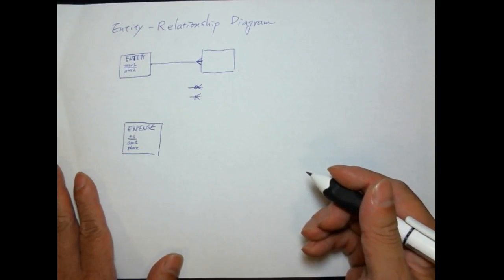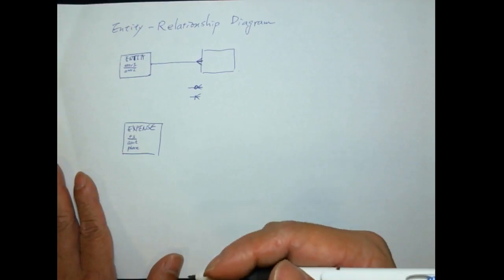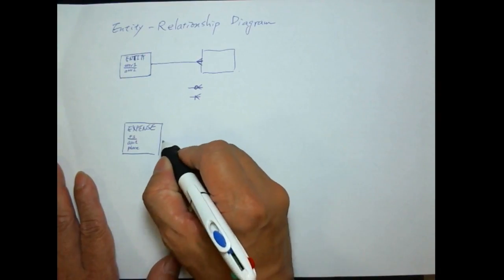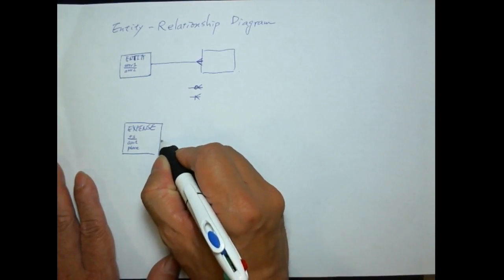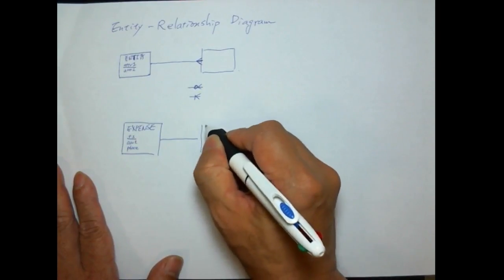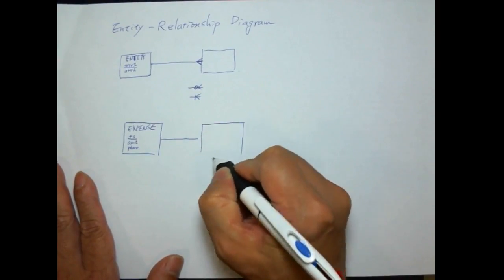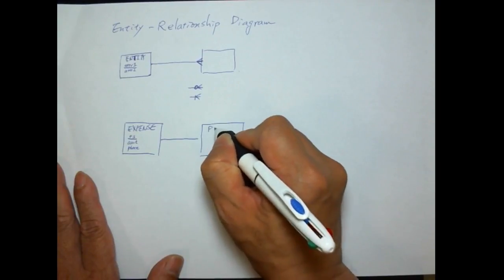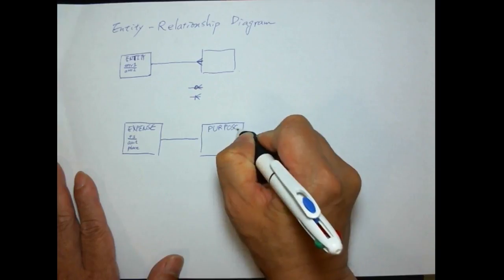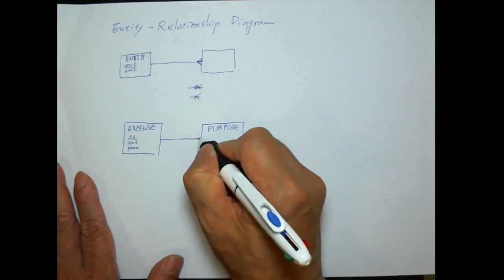So, say in our example, to watch a movie, it could serve as a recreational activity or an educational activity. So here I intentionally use a different term. Let's call it purpose.